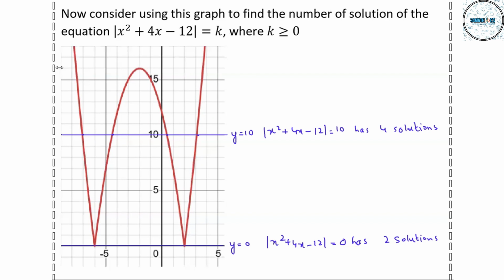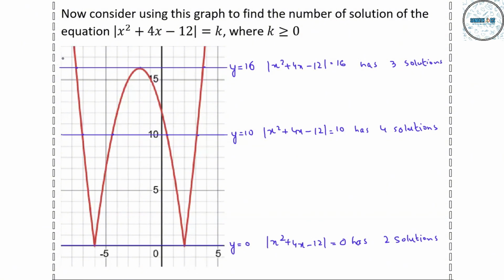In the same way, if we draw a line at y is equal to 16, then x squared plus 4x minus 12 is equal to 16 has 3 solutions. Means the graph is intersecting y is equal to 16 at 3 different points.